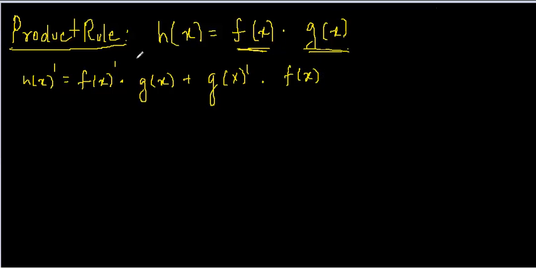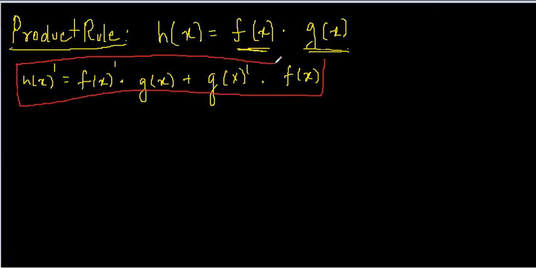That's in a nutshell what the product rule is. As long as you're able to apply this equation, you're good to go. You can get the differentiation equation by just applying the product rule.